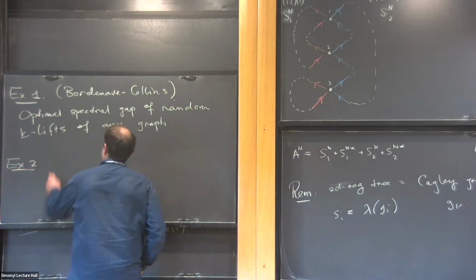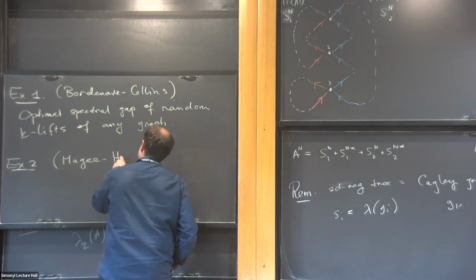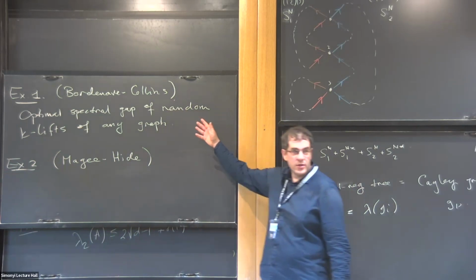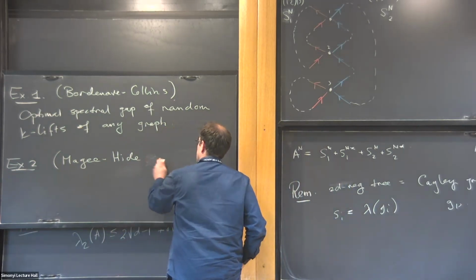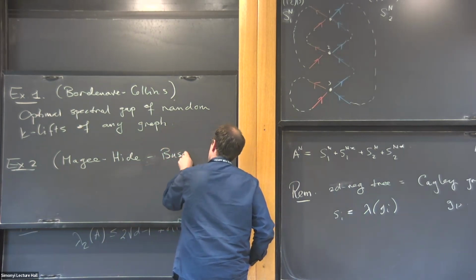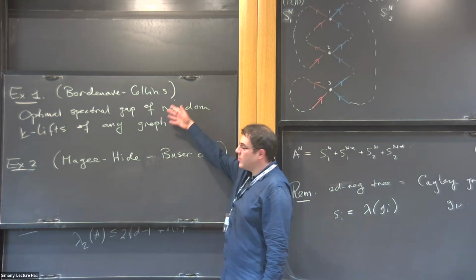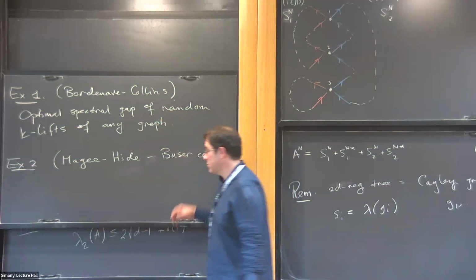Second example was a very large breakthrough of Ackley and Hyde, who asked the same question. They solved a very old conjecture due to Boozer, which is a similar question to this, but rather than talking about graphs, we talk about hyperbolic surfaces.